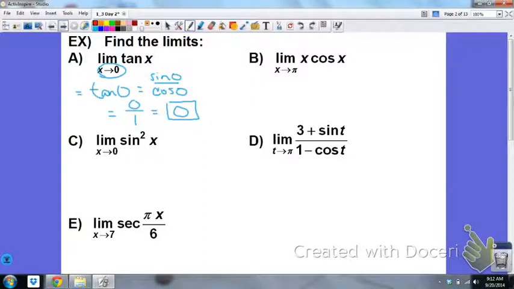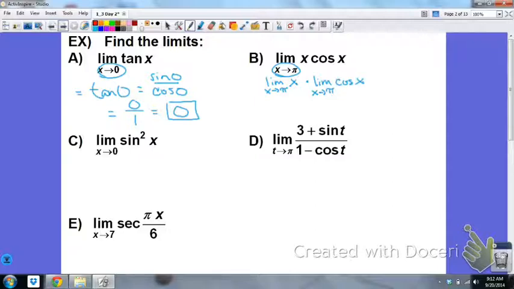Our next problem is asking us to find the limit, as x approaches pi, of x cosine x. We learned on Friday that when we're dealing with limits involving a product, we can split those limits up. So we can rewrite this as the limit as x approaches pi of x times the limit as x approaches pi of cosine x.